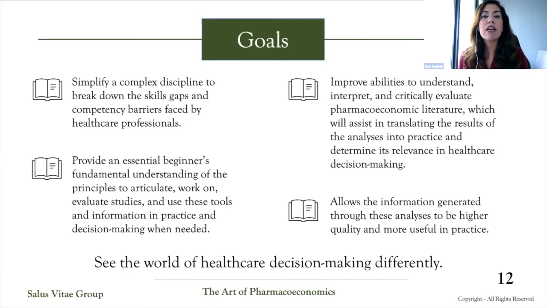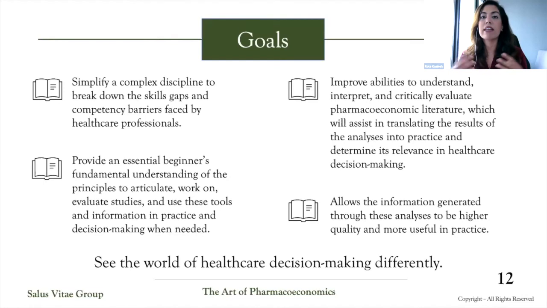But the discipline itself is quite complex. For those that are using it for their own fundamental building block knowledge of the subject, or those that are very well versed but often tell me they want to better articulate and easily communicate for those not in the field, this provides a really great foundation because it really simplifies the complex discipline.